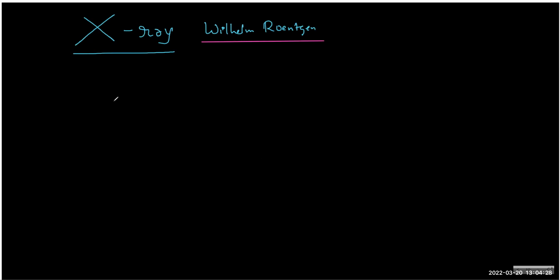So how do we name some rays by some name, gamma ray, X-ray? What exactly classifies these names? We have something called the electromagnetic spectrum.